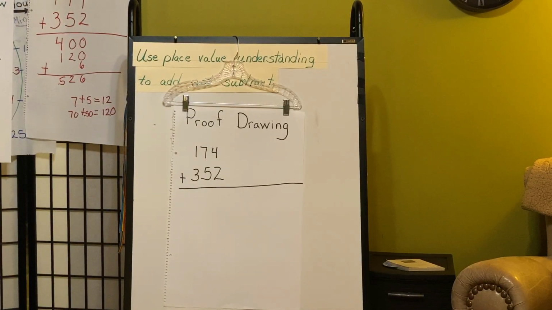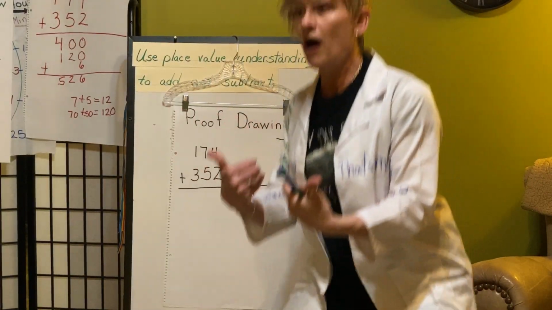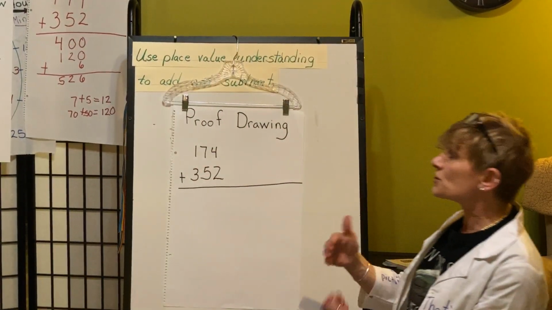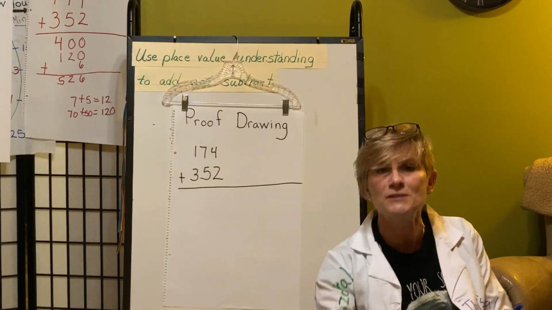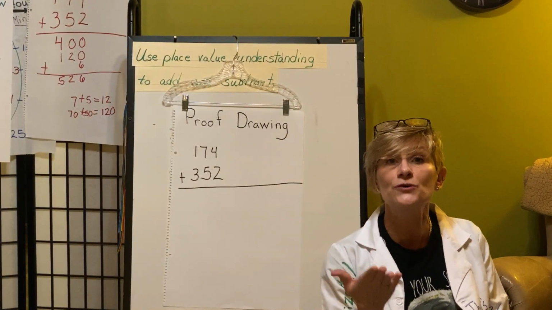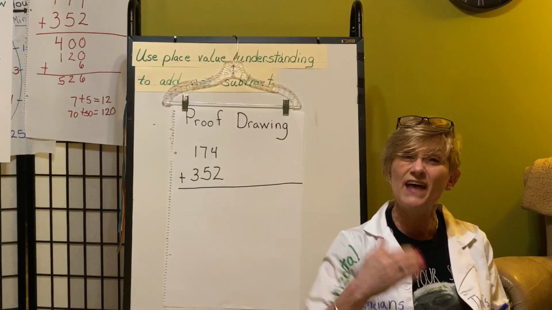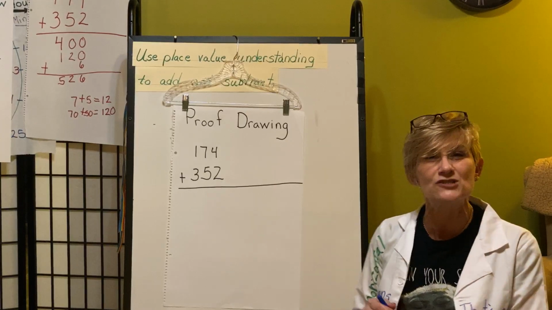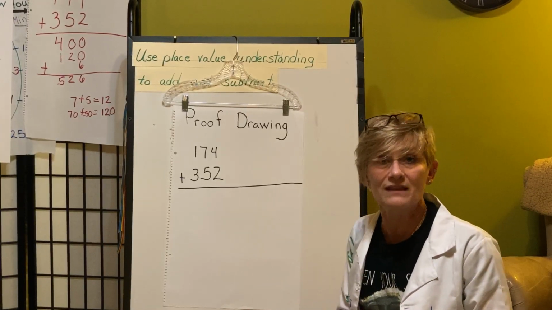Which method's going to work for you? Are you going to do all the totals? Awesome. Are you going to do the new groups above? Fine. Are you going to do the new groups below? That's really your choice. But you want to pick a method that works for you right now. That's what some of this work is about on the pages you're receiving at home. And also that you should be practicing with at home.